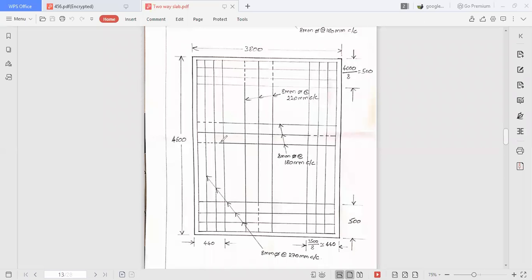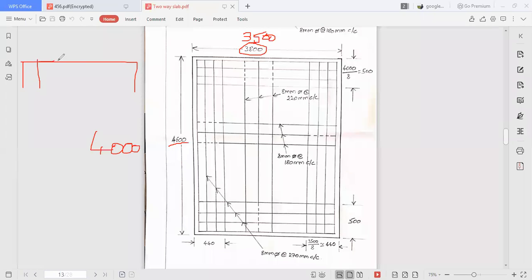For that 4000, on this side you will get a 300 mm width, on this side 300 mm width. Total it will be 4600. And a small correction here: the internal spacing given is 3500, right? The internal spacing is the clear spacing, not center to center.